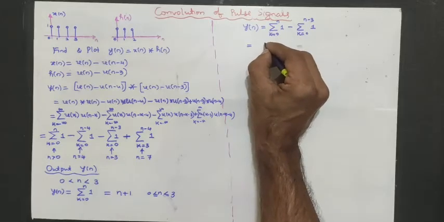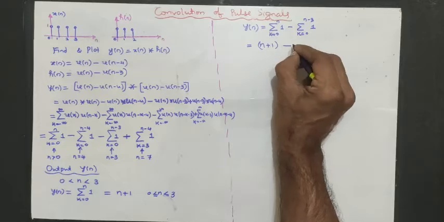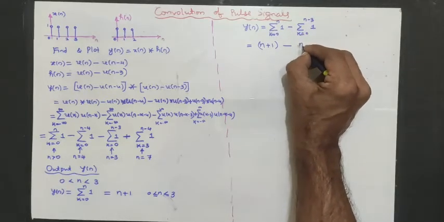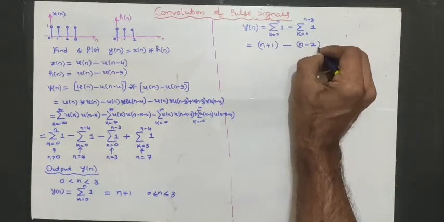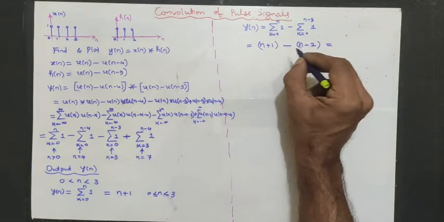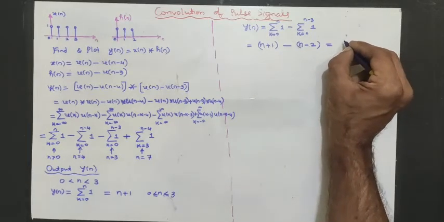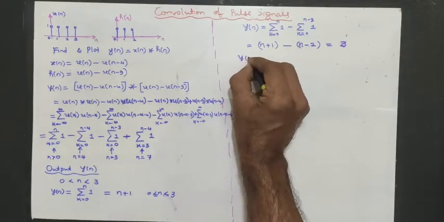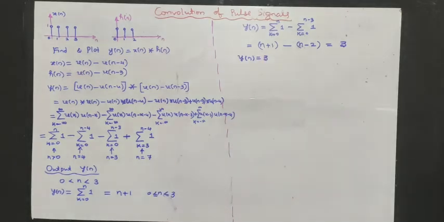Already you know that this is n+1, minus n-3 plus 1, that means n-2. My answer becomes n+1 minus n plus 2. Hence y(n) is equal to 3.